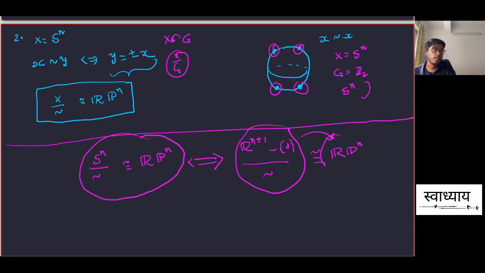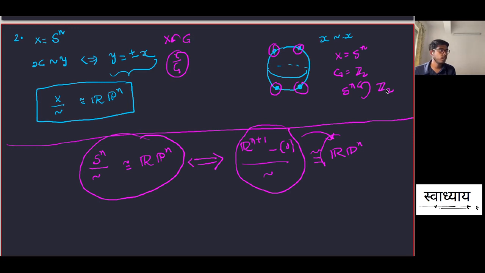So on Sn the group Z2, that is Z mod 2Z, is acting, and that gives me the real projective plane. So there are lots of ways to define it, and all are identical.